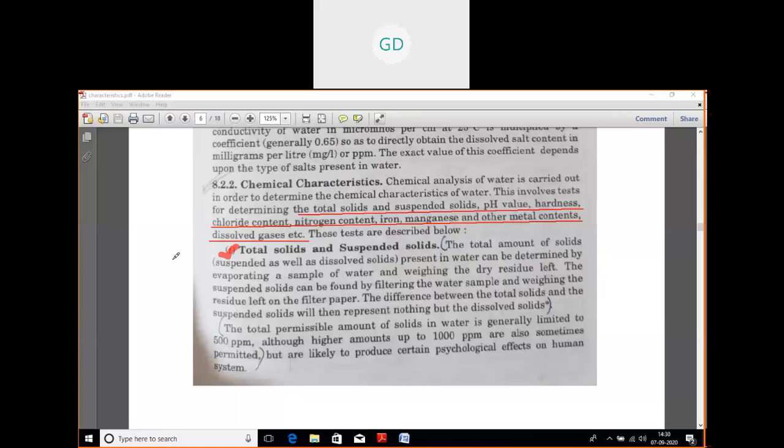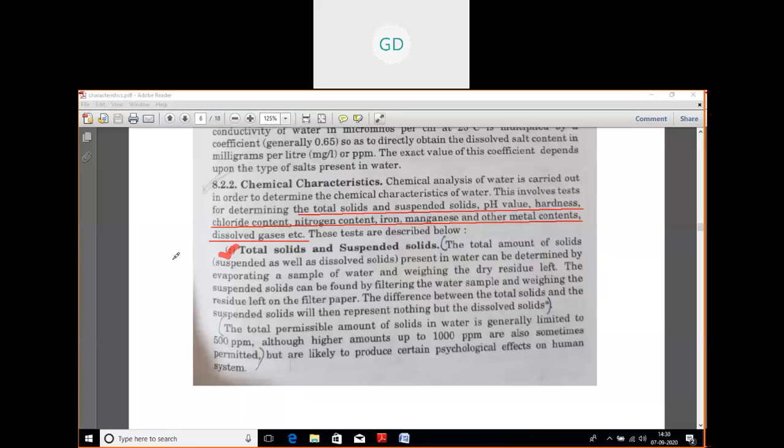Something is there, which we call कचरा, meaning something remains. If you take water in a beaker and look in the presence of light, you can see some small things that are not floating in your water. So that is your total solids.